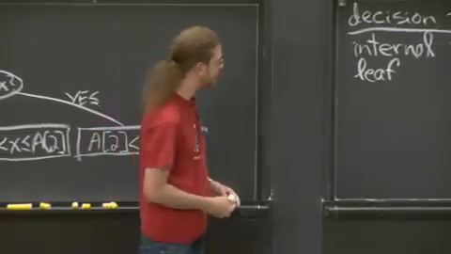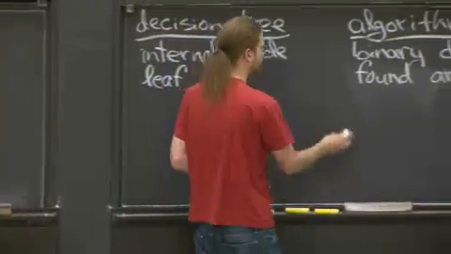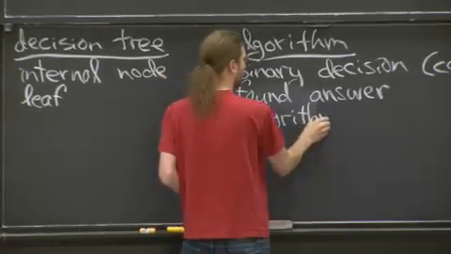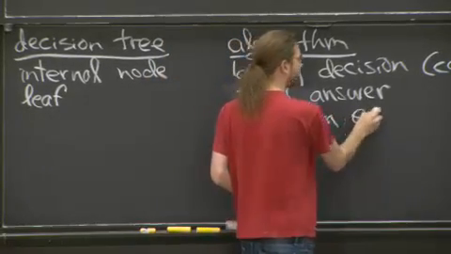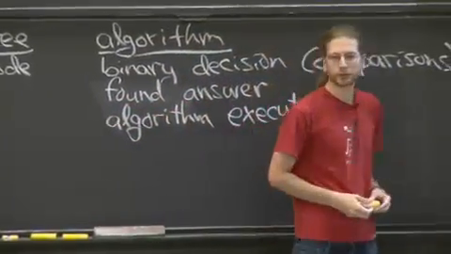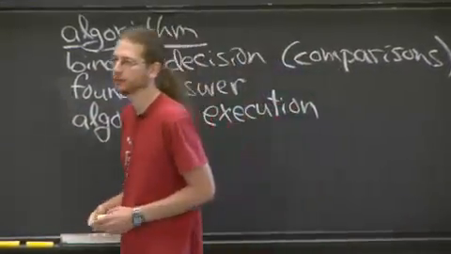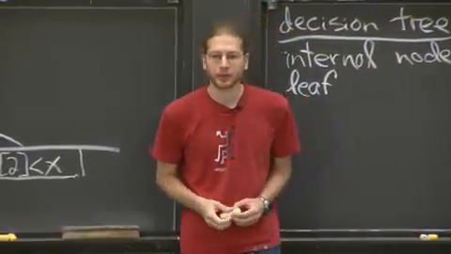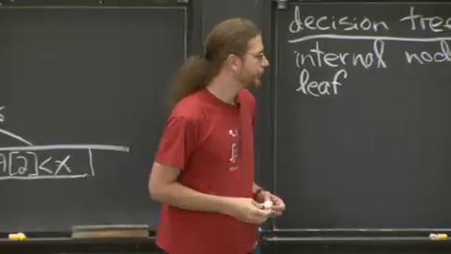What else do we have? All right, here's some puzzles for you. If I just wanted to look at a single execution of the algorithm, what does that correspond to in the tree? Yeah? Going from the root all the way down to a leaf. Going from a root down to a leaf.